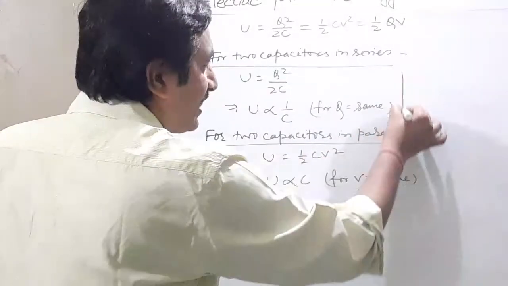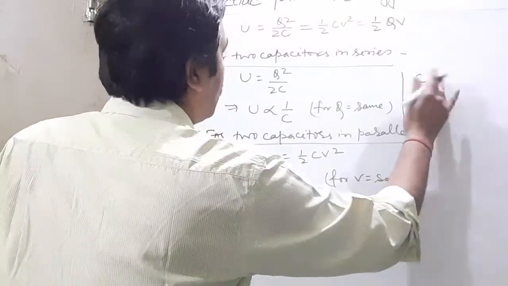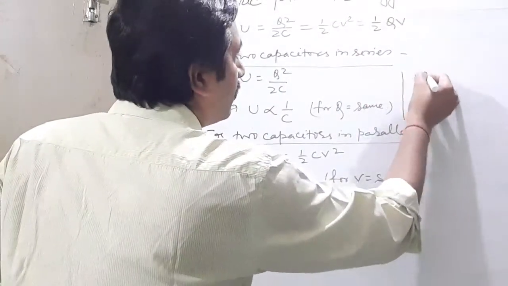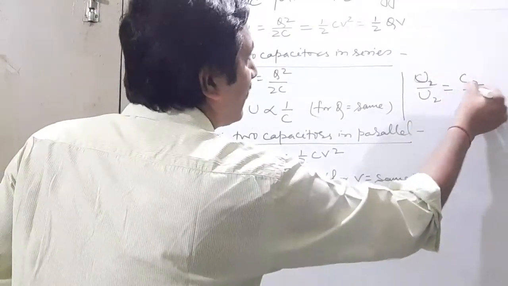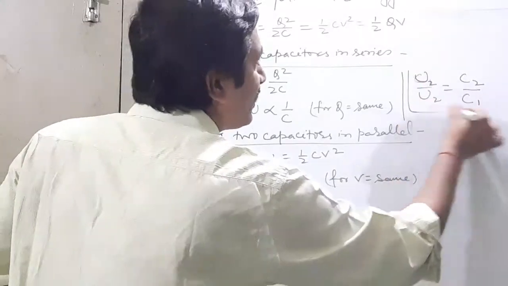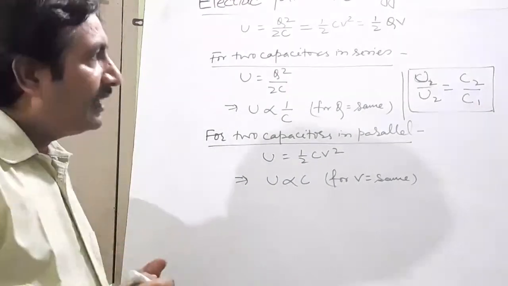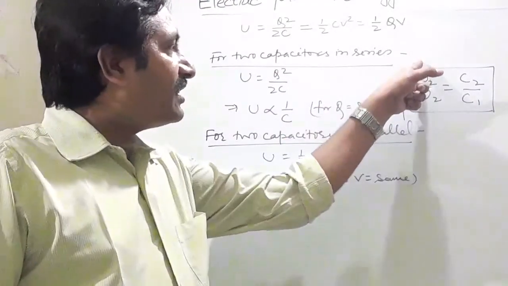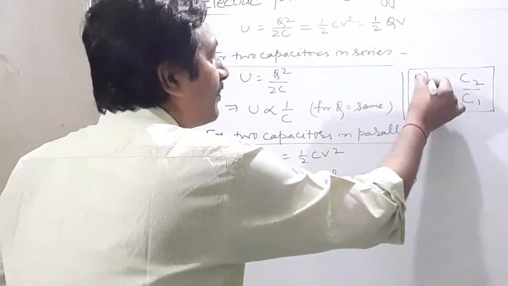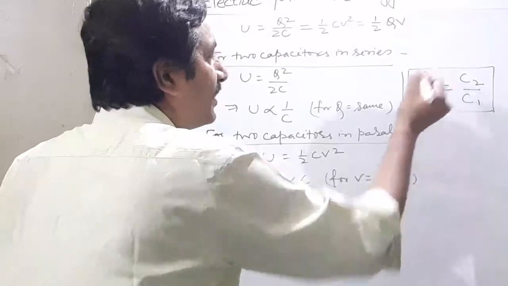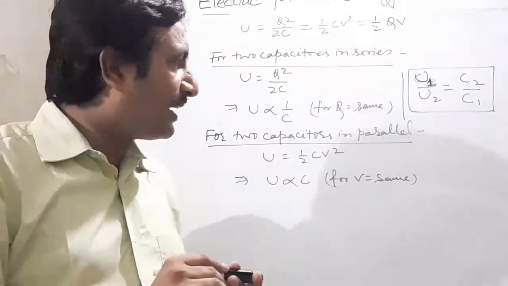From this formula, if you have two capacitors with capacitances C1 and C2, the ratio of potential energy stored in them for the series case is U1 by U2 is equal to C2 by C1.